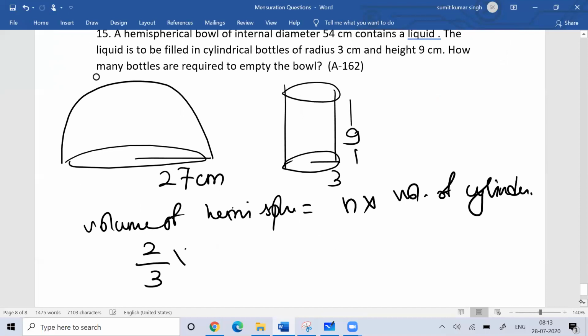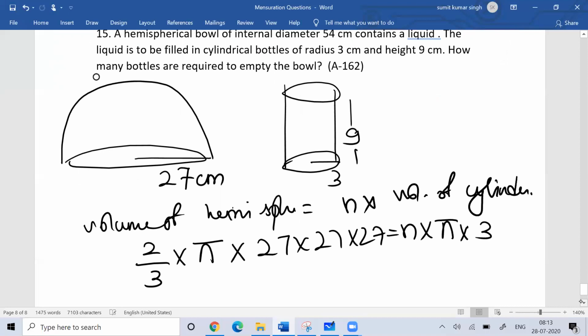So the volume of the hemisphere is 2 by 3 pi r cube. That is equal to n into the volume of the cylinder, pi r square h.